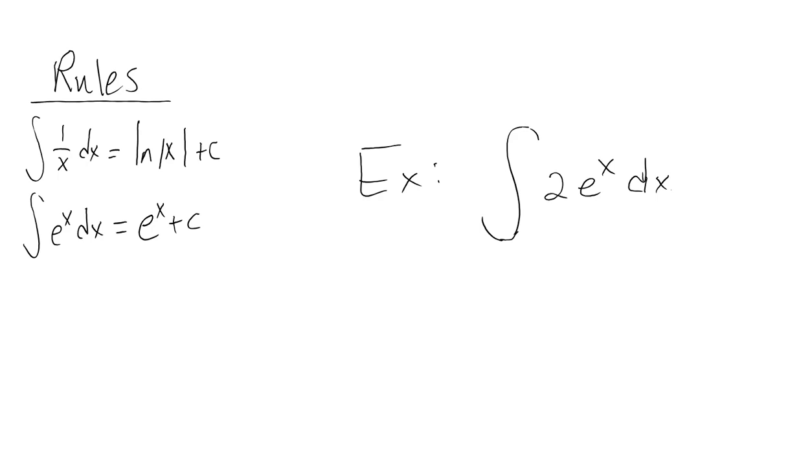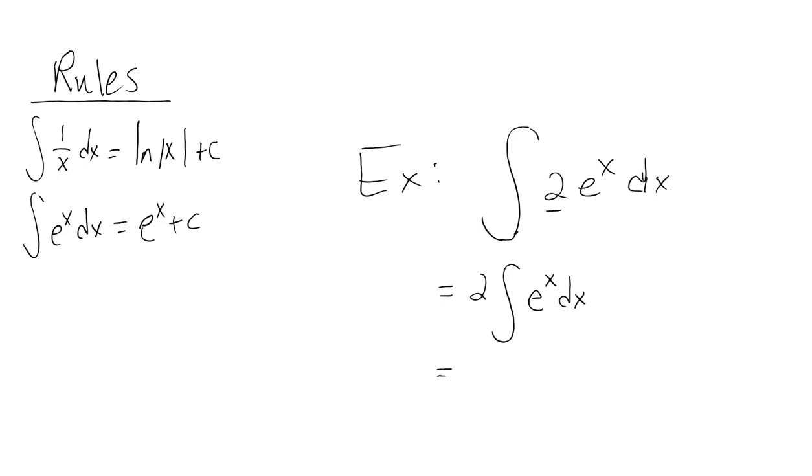The next example is the integral of 2e to the x dx. Once again, we're trying to use one of these rules over here, and we can see that this example matches the second rule almost exactly. So just having that 2 there is the only thing that doesn't allow it to match exactly. So we're going to use that constant multiple rule again, pulling the 2 outside of the integral.